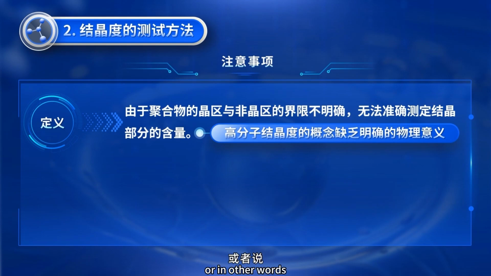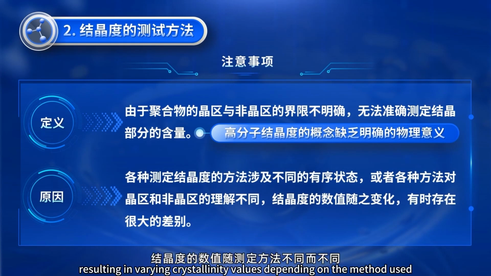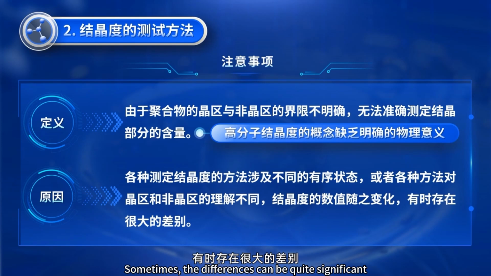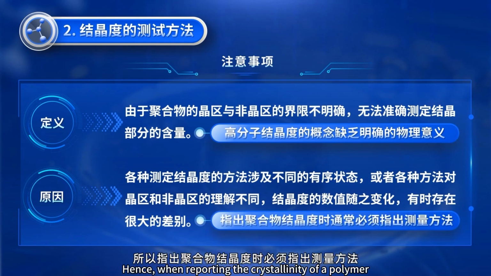Or in other words, each method defines crystalline and amorphous regions differently, resulting in varying crystallinity values depending on the method used. Sometimes, the differences can be quite significant. Hence, when reporting the crystallinity of a polymer, the measurement method must be specified.